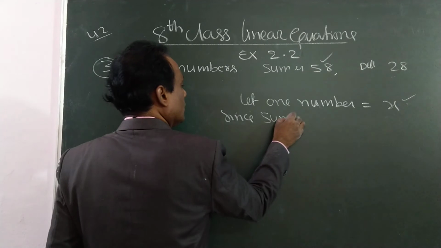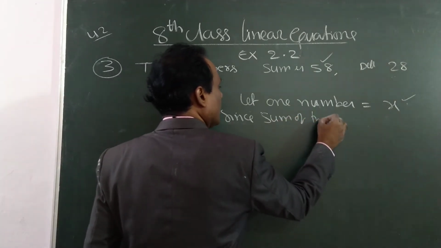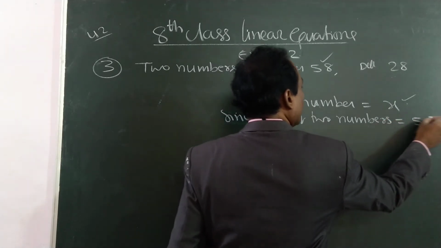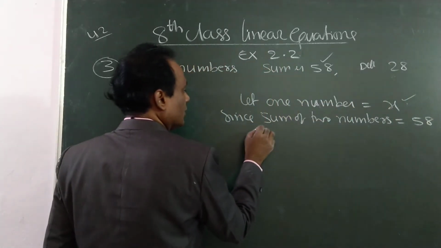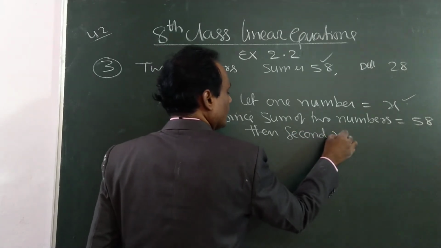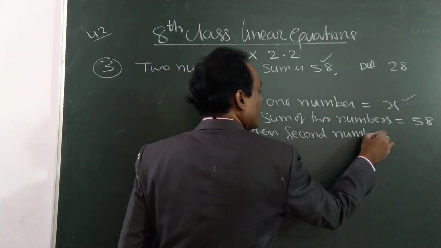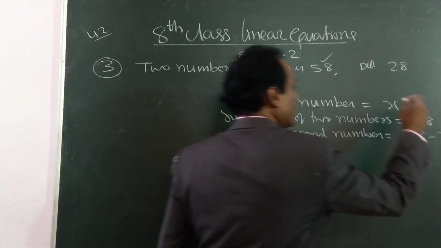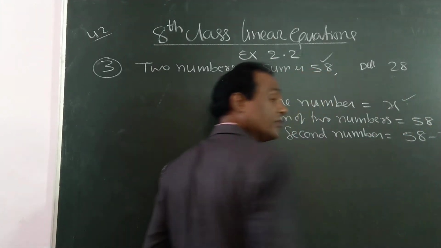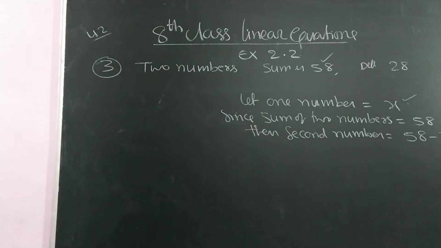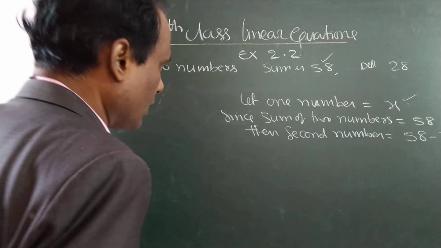Since the sum of two numbers is given as 58, what will be the second number? 58 minus x. One number is x, then the second number will be 58 minus x. That you have to remember.